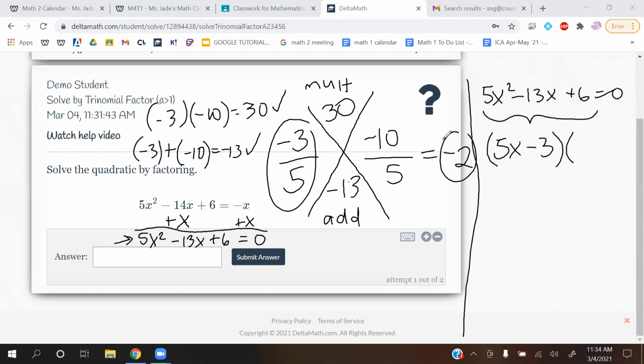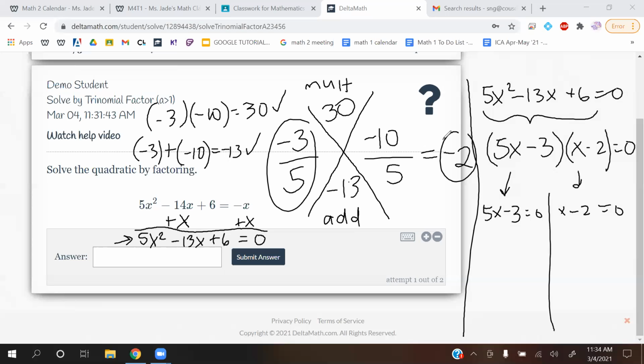And then the negative 2, x minus 2. You already knew how to do that one. So you set it equal to 0. And so just like in the last category, each of these factors set it equal to 0. So 5x minus 3 equals 0, or x minus 2 equals 0.